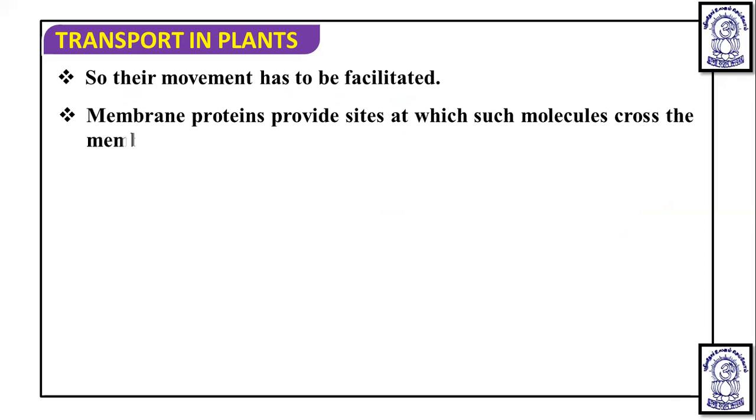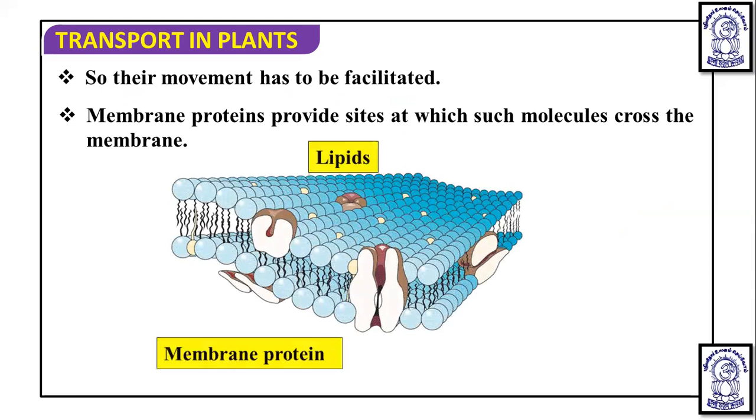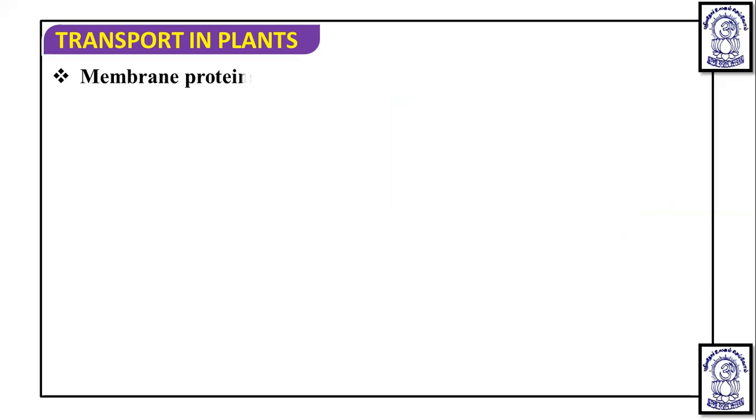Now membrane proteins provide a site at which such molecules cross the membrane. Membrane proteins are involved in particularly providing such sites for transport. And you can see these are the membrane proteins and the lipids, and these membrane proteins help in the transport. One important feature is that membrane proteins do not set up a concentration gradient.